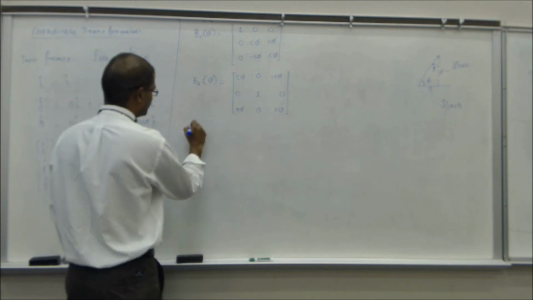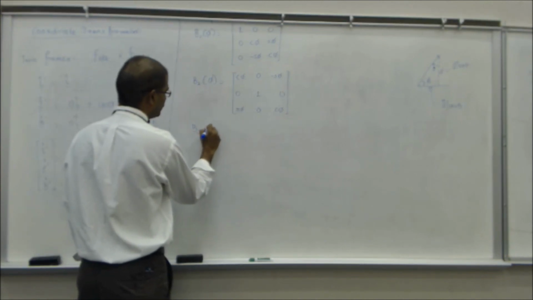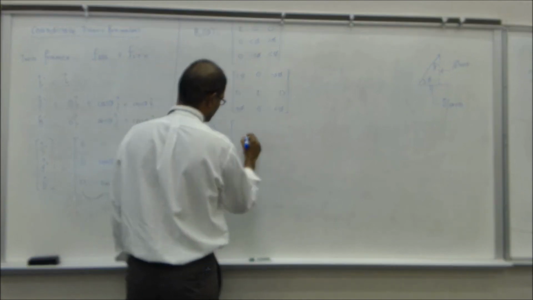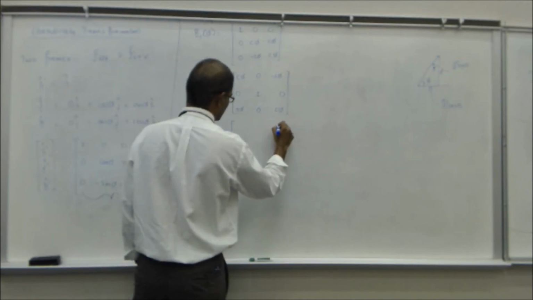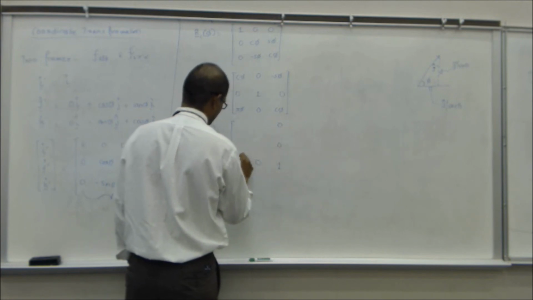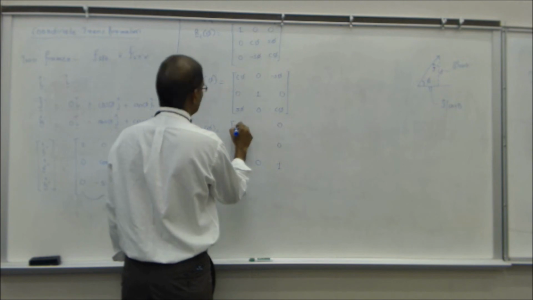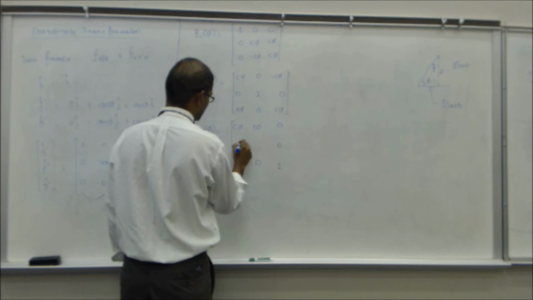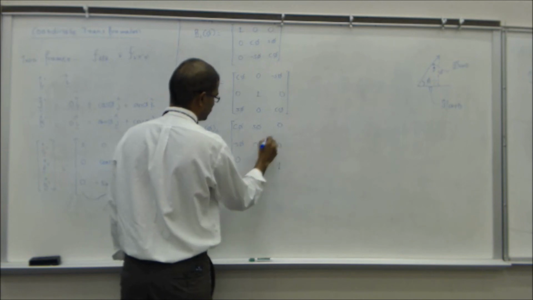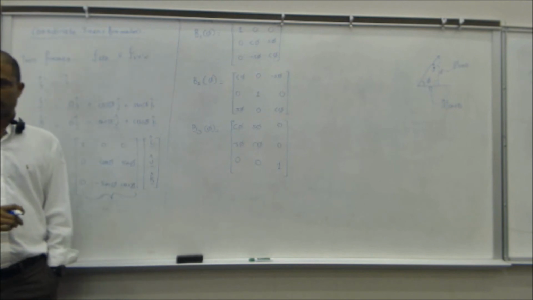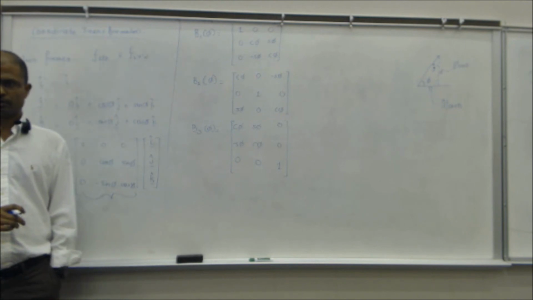And R3 phi would be equal to 0, 0, 1, 0, 0, cosine phi, sine phi, minus sine phi. You get it? This is clear?